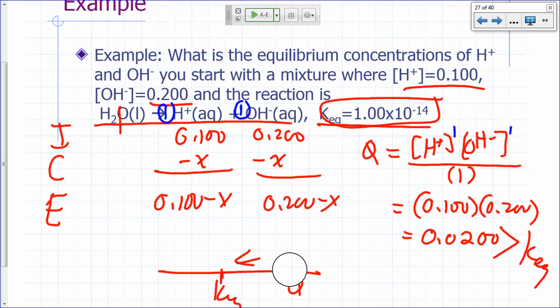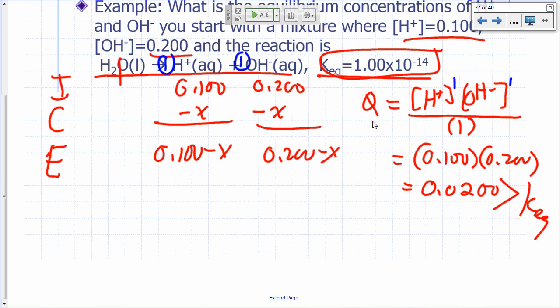Now, can I make a simplification here? What is this KEQ? Is this considered a very big number, a very small number, or somewhere in between? A very small number. So it favors what? At equilibrium, it strongly favors reactants, right? So one of these two is going to get used up, right? Which one do you think is going to get used up? The 0.1.